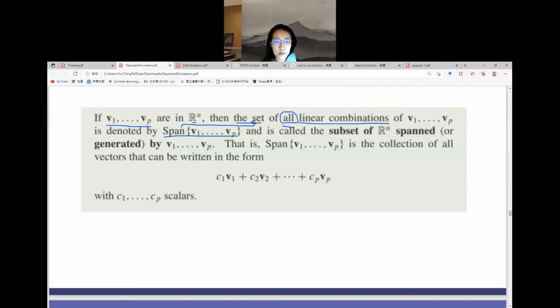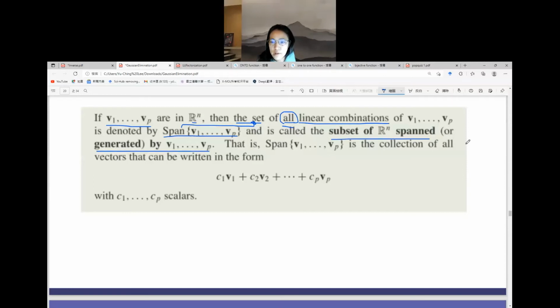Span 本身是一个集合。那给定 V1 到 VP 这些向量，那它们所有的线性组合的结果收集起来之后，因为每一个线性组合的结果都是一个向量，把这些向量全部收集起来，还会变成一个 span。And then, okay, it's also called the subset of Rn spanned by or generated by V1 to VP.